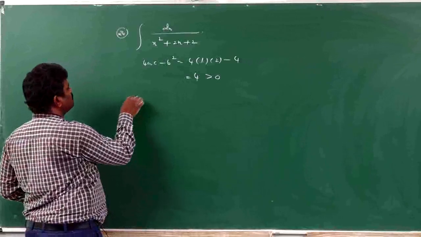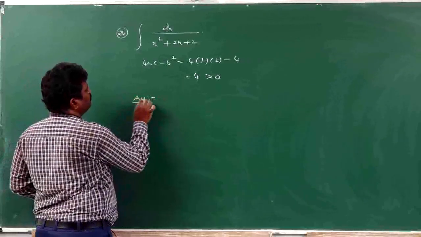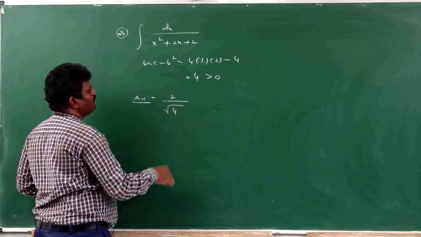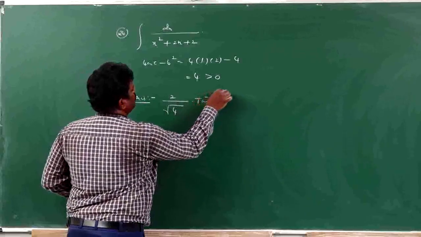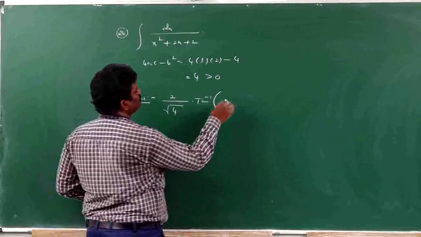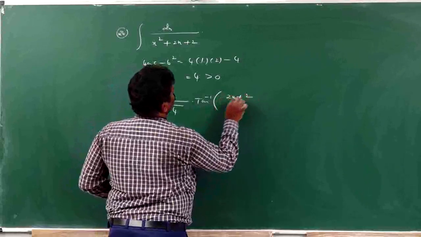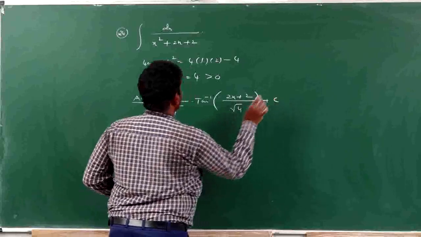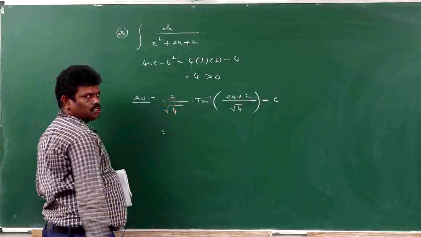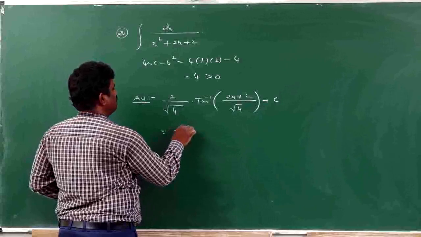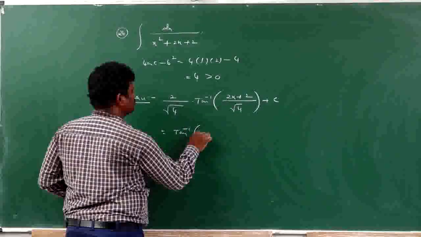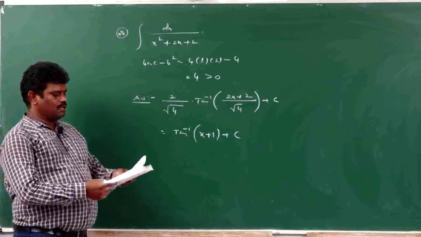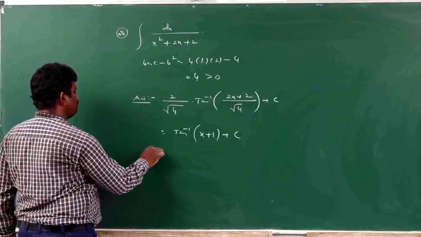Then the answer is 2 by square root of (4ac minus b square) times tan inverse of the derivative of the function, 2x plus 2 divided by square root of 4, plus c. The 2s cancel, so the answer is tan inverse of (x plus 1) plus c. So here it is option B.